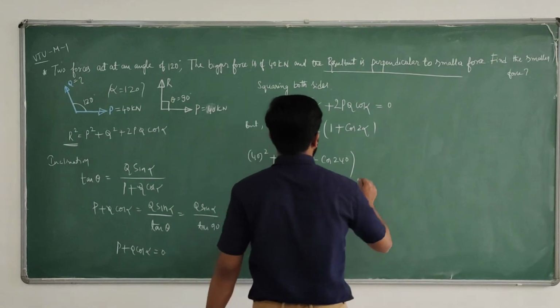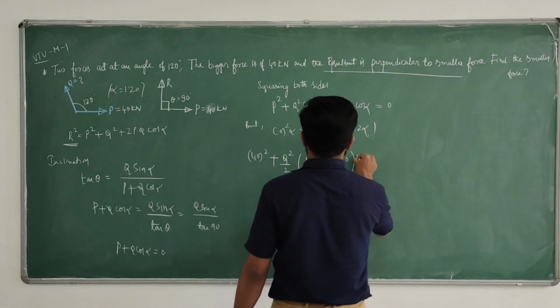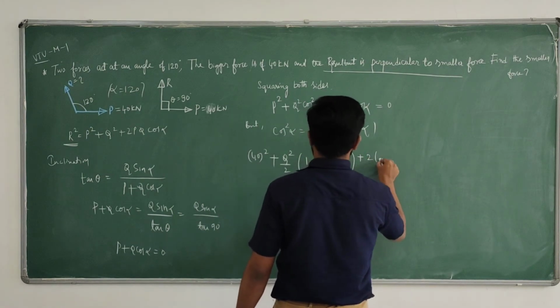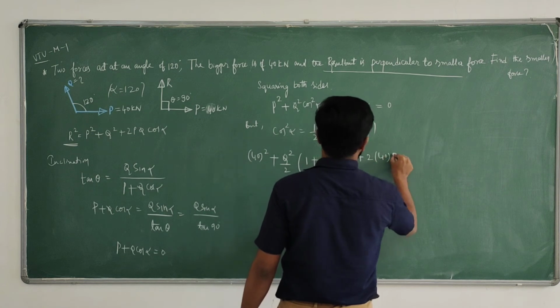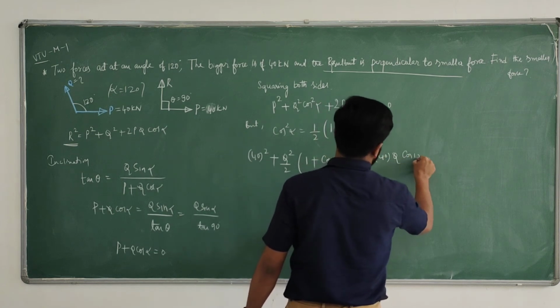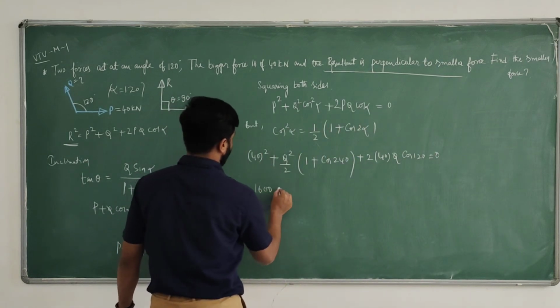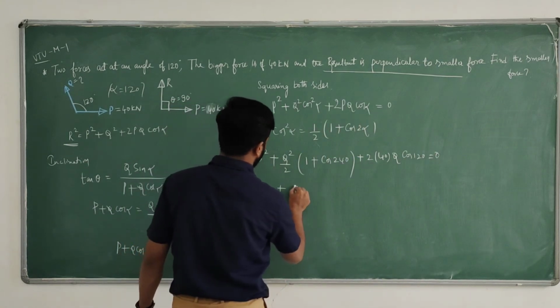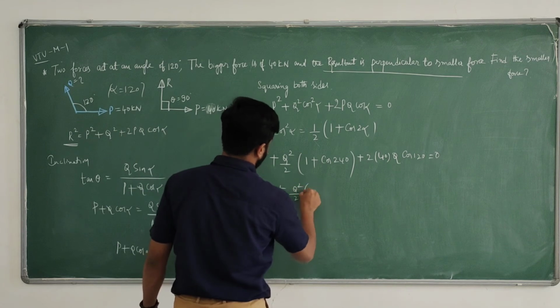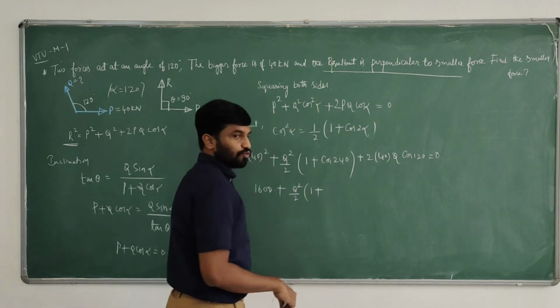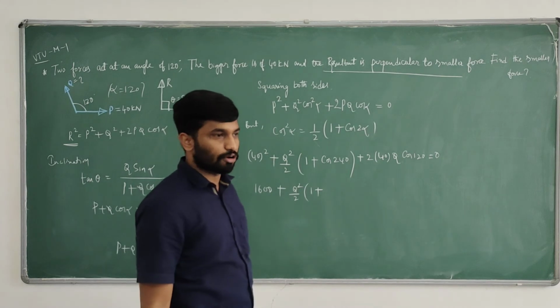Therefore cos 2 alpha is cos 240. Plus 2PQ, where P is 40 and Q is unknown, into cos 120, equals 0. So 1600 plus Q square by 2 into 1 plus cos 240. What is the value of cos 240?